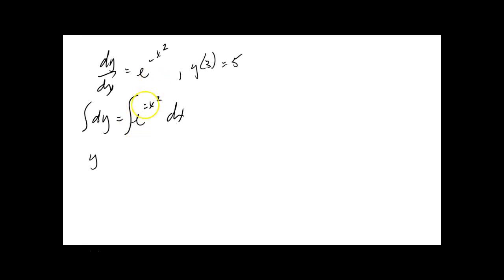What you're doing from the fundamental theorem of calculus, I think it's part 2, what you do is rewrite this as the integral from, and since your initial value is x equal 3, they'll do 3 to x of e to the minus t squared dt.